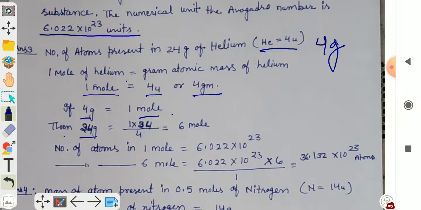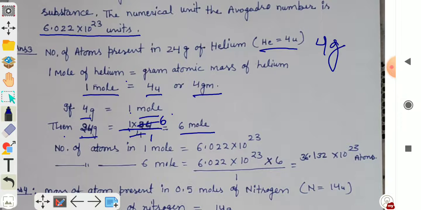We will place 1 as it is and 4 in the denominator, and 24 will be in multiplication of 1. So when we cut this, 4 1 ja 4, 4 6 ja 24. So 24 gram means 6 mole.